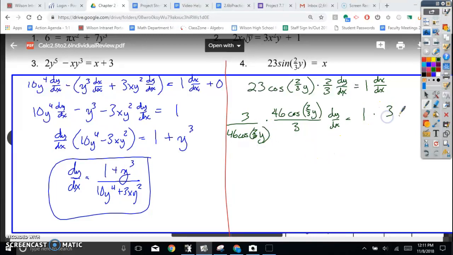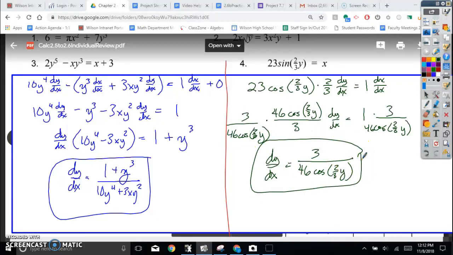Yes, I need the 46 here as well. So dy/dx is equal to 3 over 46 cosine of 2/3 y.